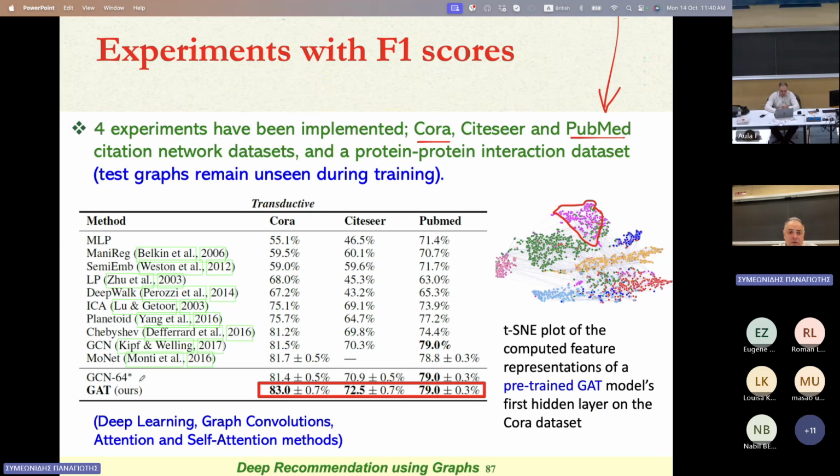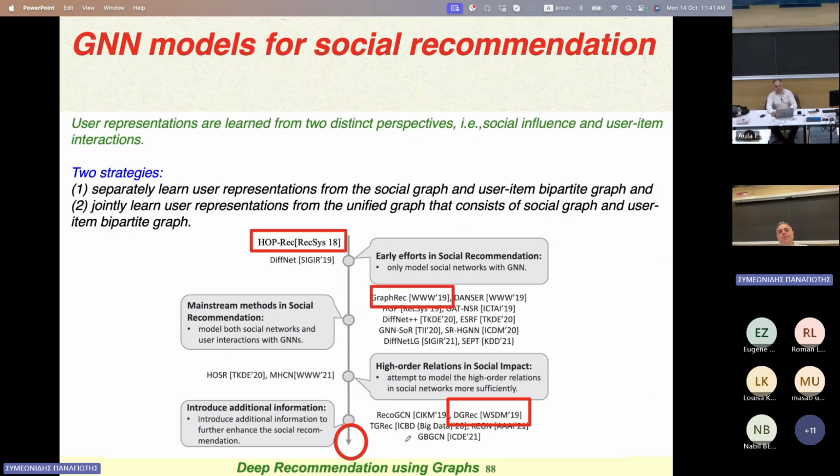And of course, this methodology, this graph attention network, outperforms all other methods that come from deep learning, graph convolutions, and attention and self-attention methods. Okay, so this is something that is really used in graph neural networks. Okay, the GAT, information propagation.